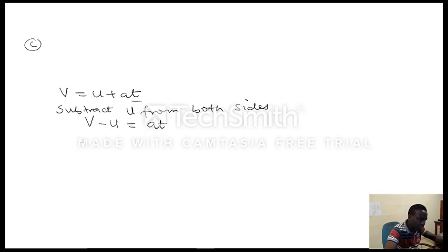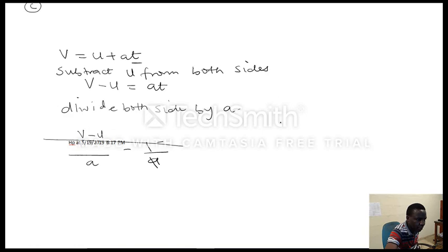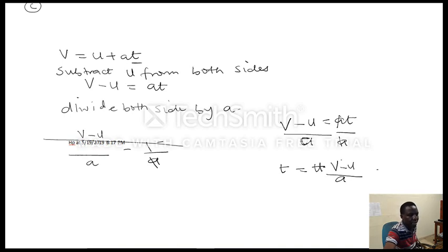So we say divide both sides by A, and we'll have V minus U is equal to AT, divide here by A and also divide here by A. A will cancel A, and we have our equation as T is equal to V minus U divided by A. So we have ended up making T the subject of the formula.